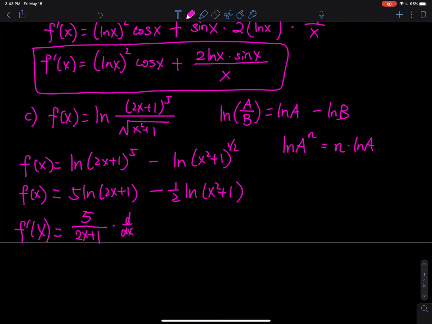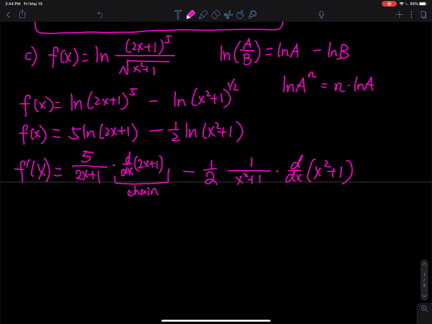That is 2x plus 1, and this one uses the chain rule. And then minus 1/2, the derivative of ln, you have 1 over the entire thing, which is x squared plus 1. And then by the chain rule, you take the derivative of x squared plus 1.